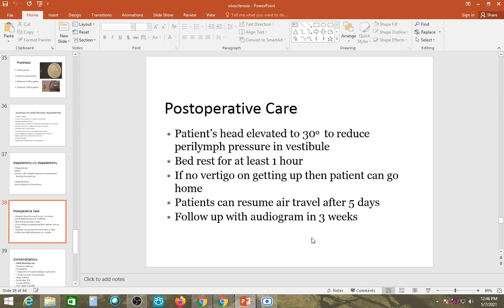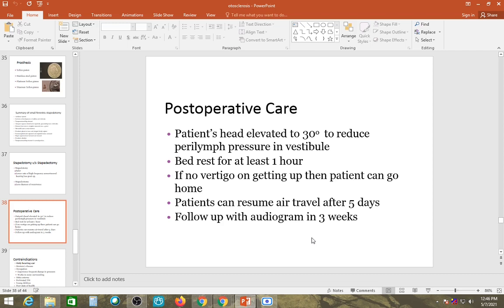Again, we have to follow that, and you should be able to hand over to the next staff that these patients have had the operation, and these are the instructions we are following; the remaining you have to continue. We will keep the patient at 30 degrees, allow bed rest for at least 1 hour, and examine whether the patient can get up after that hour. When the patient gets up from the bed, if any signs or symptoms are present, we will treat accordingly.